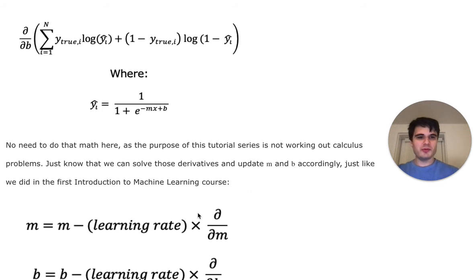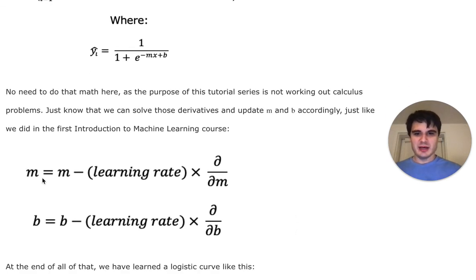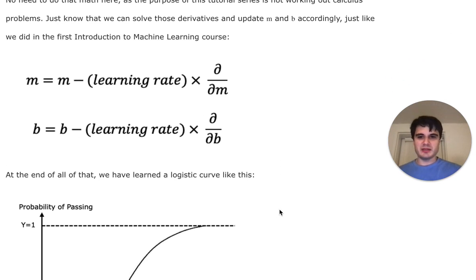We won't walk through the math here because we walked through that extensively in the gradient descent video, but essentially it's the same process, just switch out the equations. Again, we update the m and the b values using the exact same process as before.